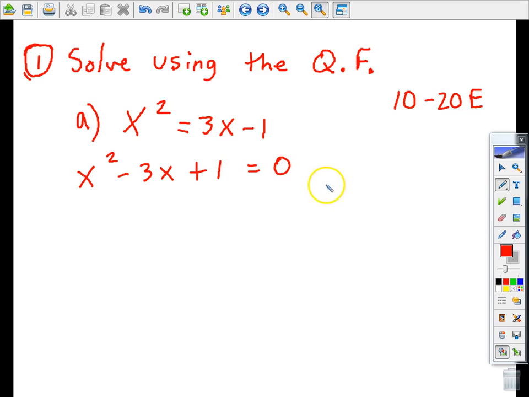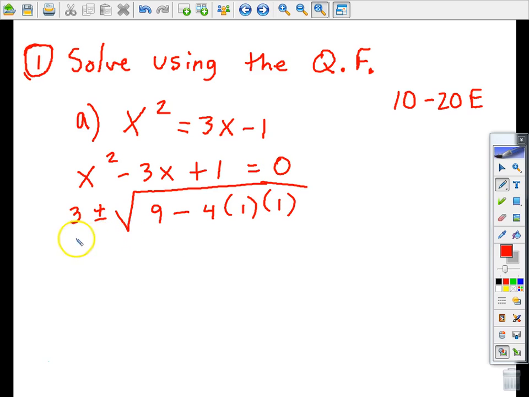So now I'm ready to start using the quadratic formula. The quadratic formula says the opposite of b, and b in this case is -3, so the opposite of that is +3, plus or minus the square root of b squared, -3 squared is +9, minus 4 times 1 times 1.